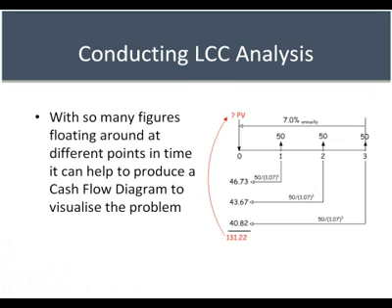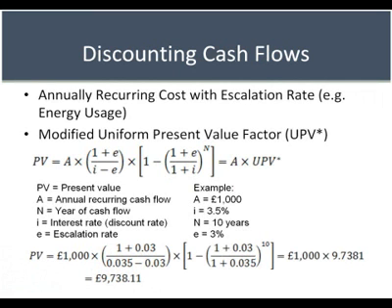But I just thought I'd mention that cash flow diagrams like this are a pretty good way of visualizing it, especially if the cash flows are different values and not annuities that are recurring each year. And I just thought I'd mention this special one. This is the formula for looking at an energy price escalation rate that's over and above your discount rate.